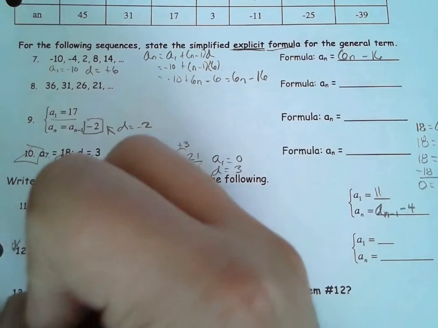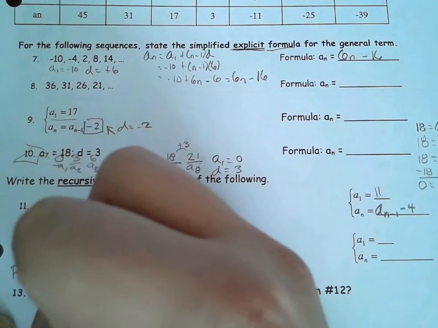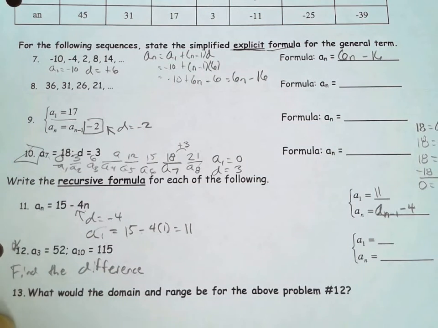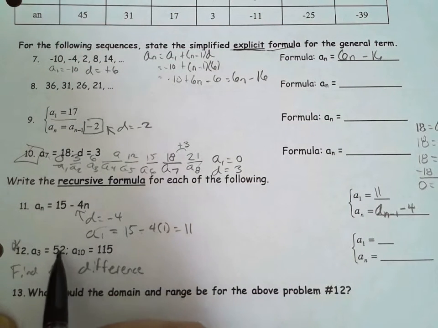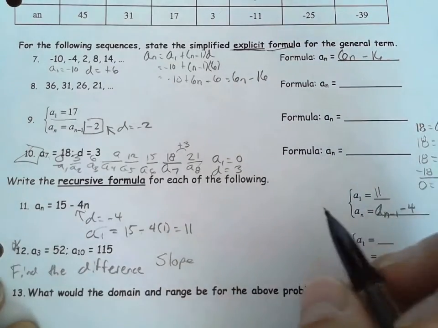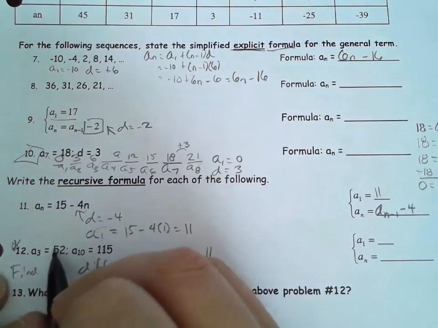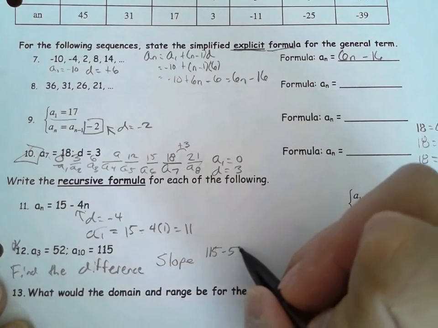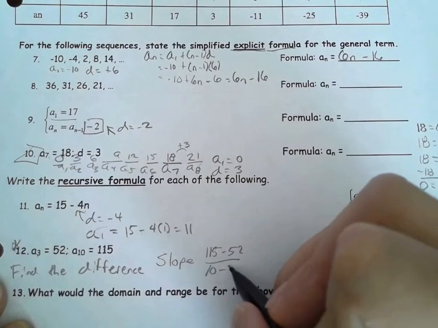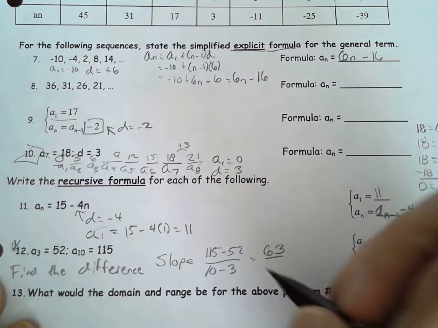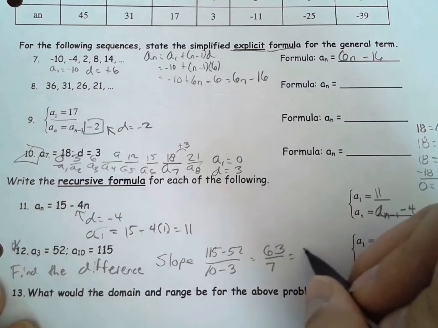12 is a tricky one because you need to find the difference. In order to do that, you have to see how many units you went, 52 to 115, and over how many terms. So this is just finding slope. So you say y2 minus y1 over x2 minus x1 is basically what we're doing. 115 minus 52 over 10 minus 3 equals 63 over 7, which is 9.